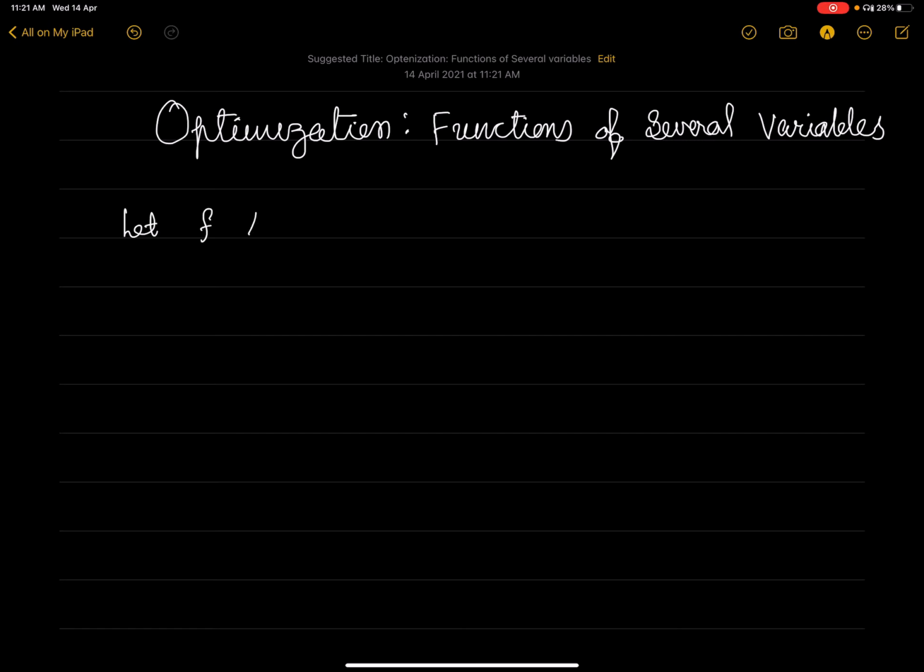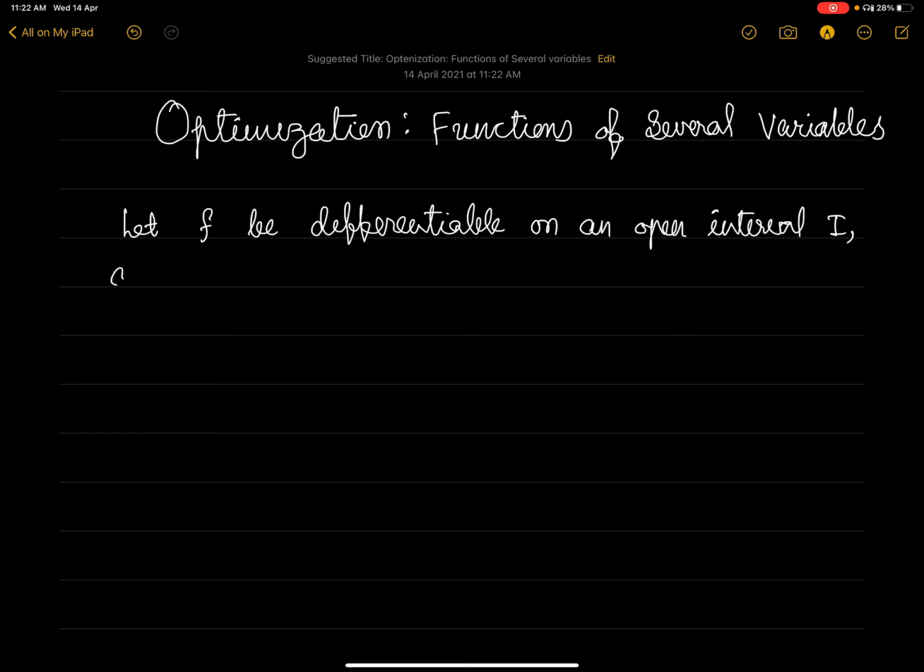Let f be differentiable on an open interval I, and let a in I satisfy f dash of a equal to 0.